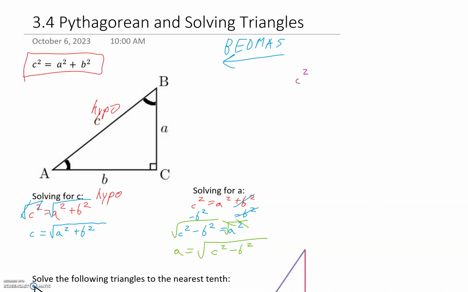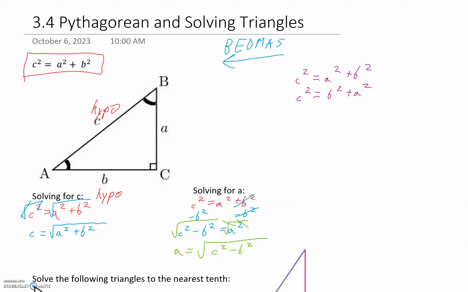You'll notice that we could write it c squared equals a squared plus b squared, or we could write it c squared equals b squared plus a squared, because addition goes either way. You can flip around the different letters and it will have the same meaning.